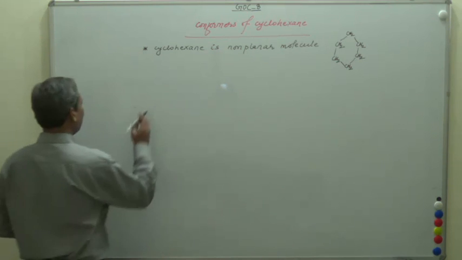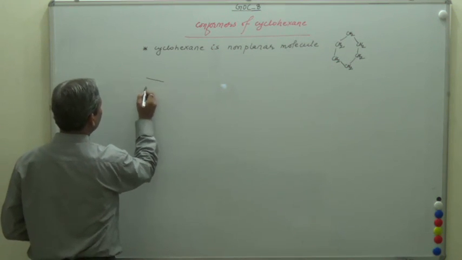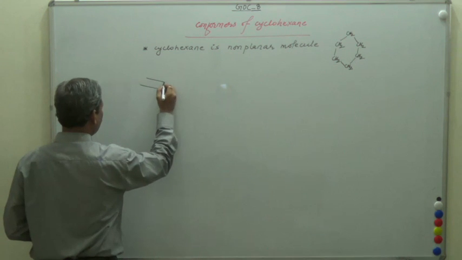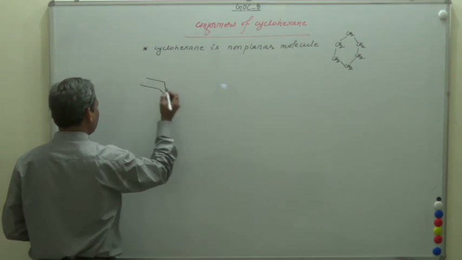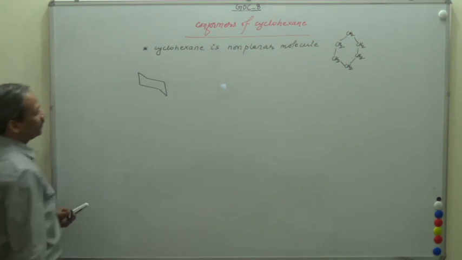So cyclohexane mainly exists in two conformeric forms. The first form is called boat form, and the second form is called chair form.